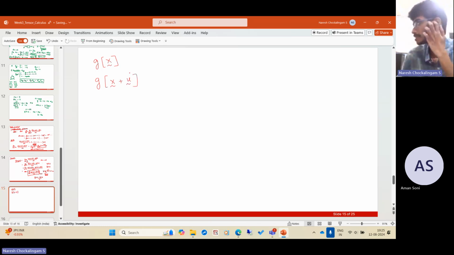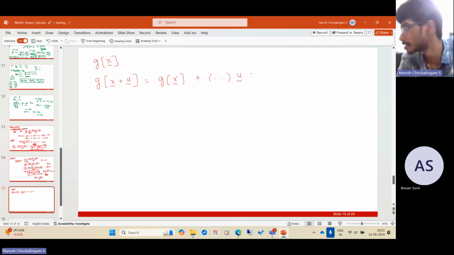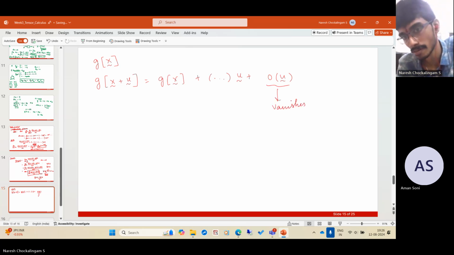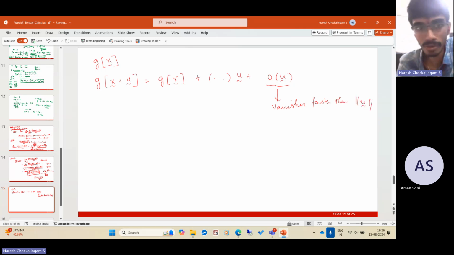This g of x plus u can be written as g of x plus a certain quantity times u plus terms with higher order of u. So this O of u means this vanishes faster than u.